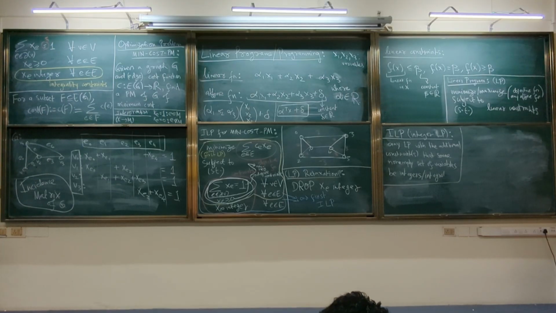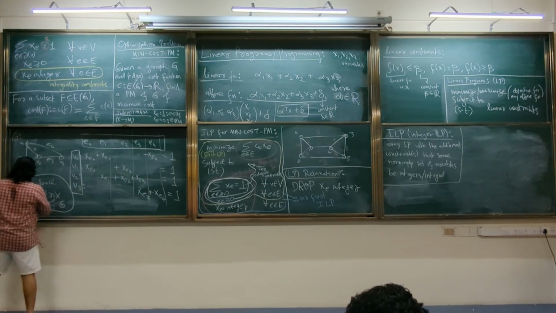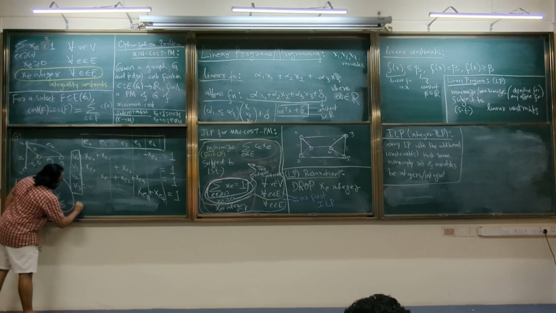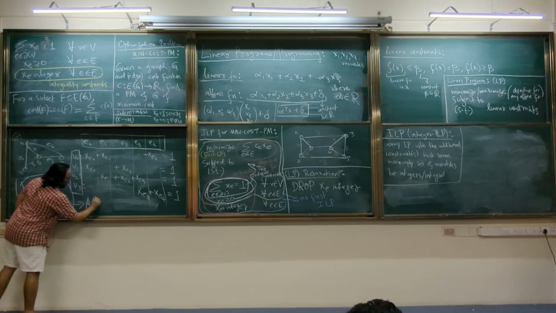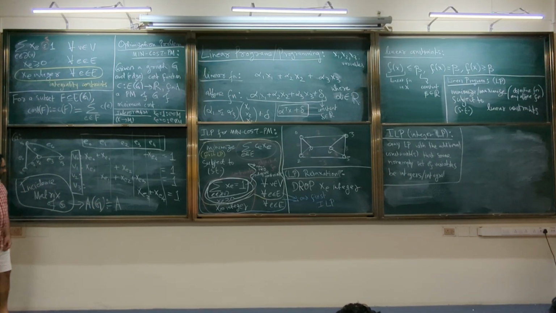Of course, you can reorder the rows and columns, but from an algebraic point of view, that's not very interesting. So, irrespective of the labeling of the vertices and edges, you will use A of G or simply A to denote the incidence matrix of the graph.